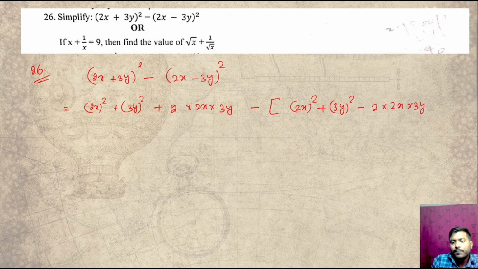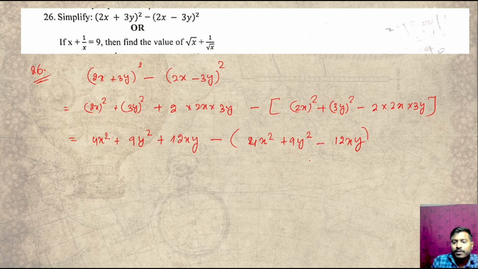Now multiply, that is 4x square plus 9y square plus 2 2s are 4, 3 times 4 is 12xy, minus 4x square plus 9y square minus 12xy.